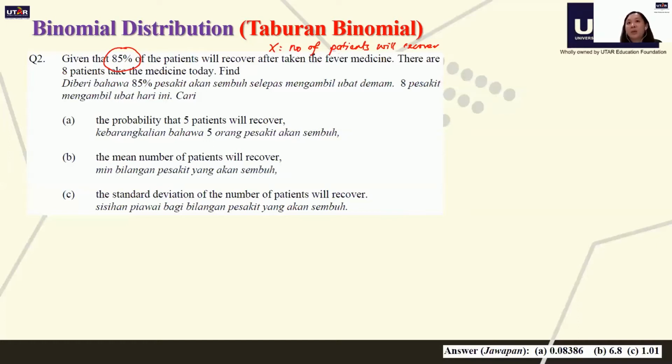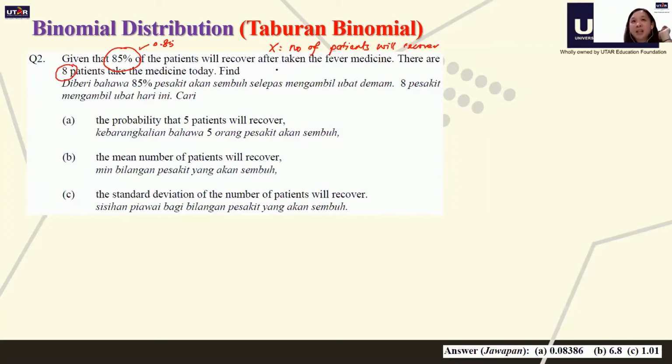Because they give me this probability as 0.85, 85% means 0.85 as a probability. And then the total patients I have here is 8 patients. So in this question, they give me n as 8, then p as 0.85.